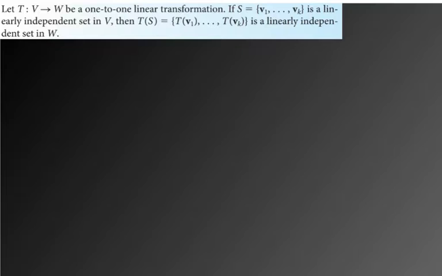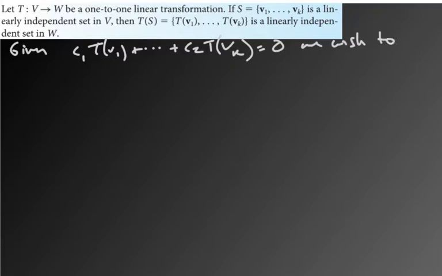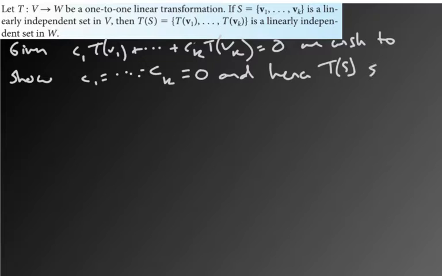Given c1 T v1 plus c2 T v2 up through ck T vk equals 0, we wish to show that c1 up through ck all equal 0, and hence T of S is linearly independent.